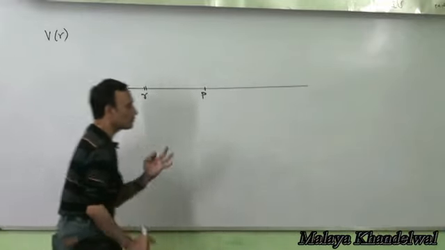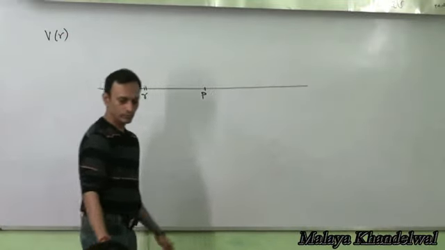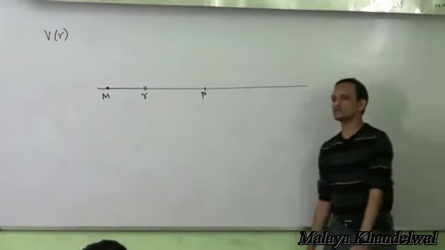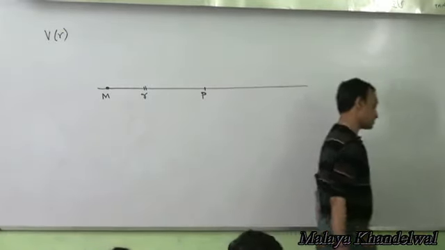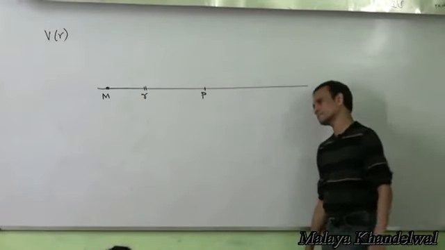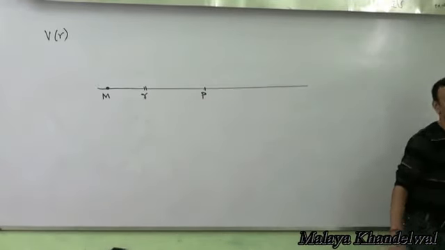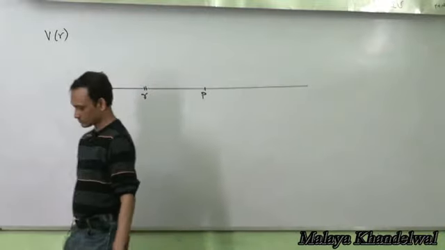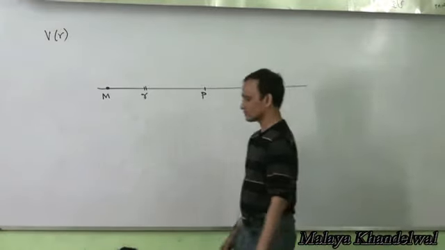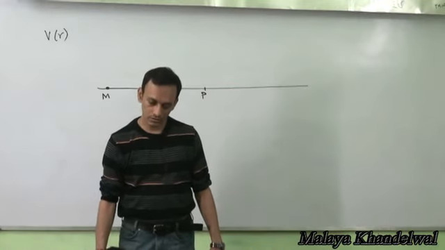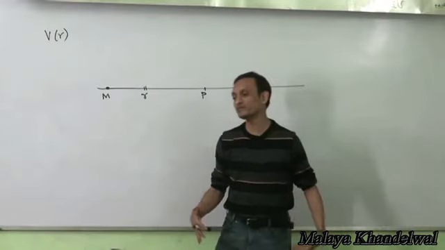Write down. Potential at a point is defined as the amount of work done in bringing a unit test mass by an external agent from infinity to P, to that point, from infinity to that point.